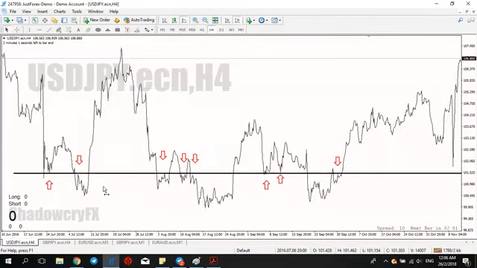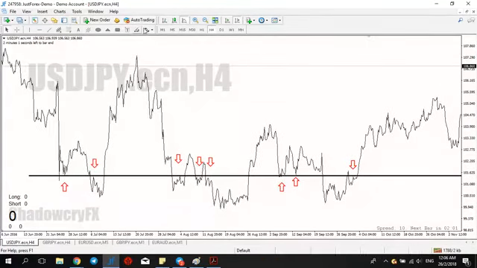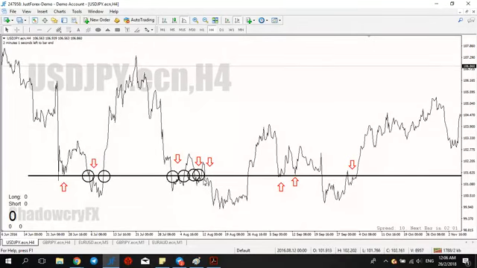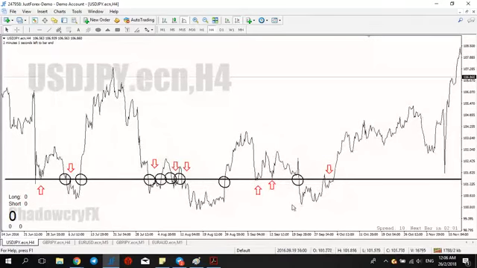Alright, so look, we have at least 2 breakouts, but over here we got a lot of breakouts. Over here we got a breakout. Over here, over here, over here. So we already have our minimum 2 breakouts. Okay, so over here we have a lot of breakouts.